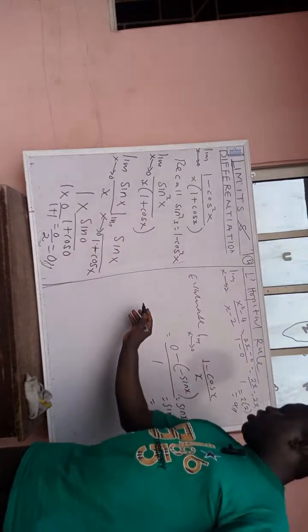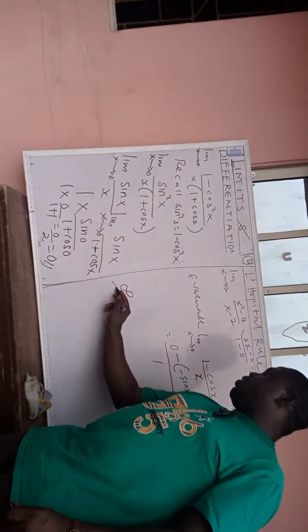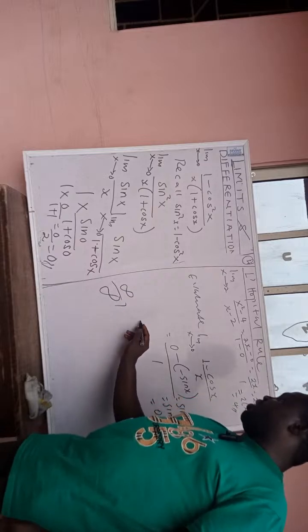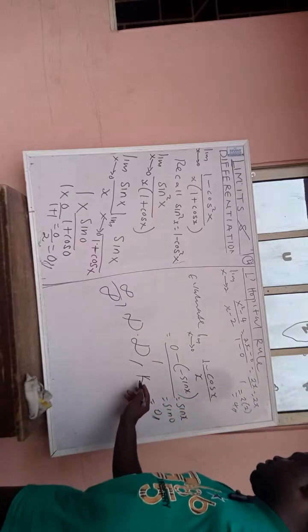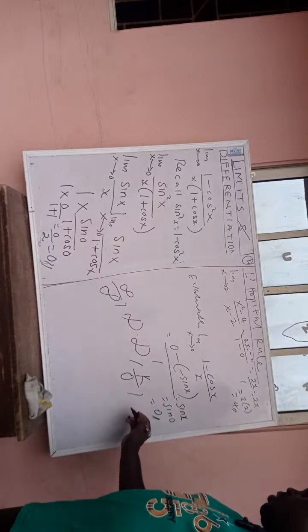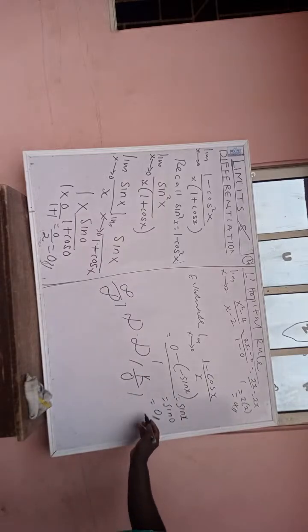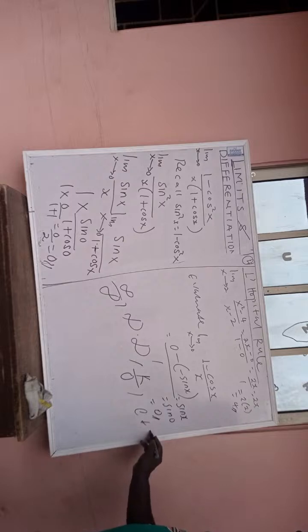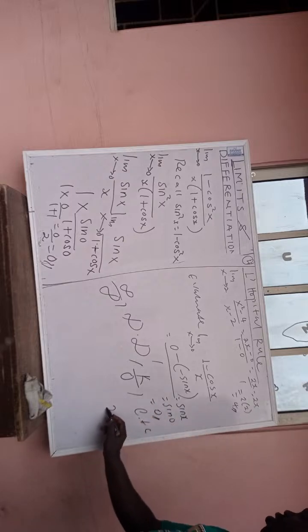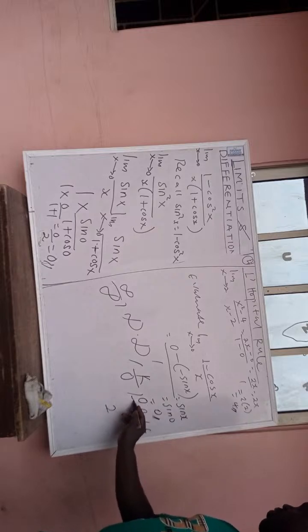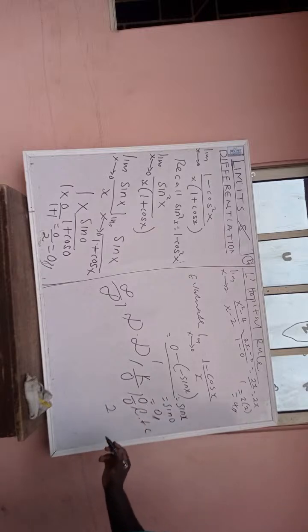Now, when evaluating limits, you must endeavor to avoid the following. Some of them are infinity divided by infinity, infinity times infinity, a constant divided by 0, and so on and so forth. In other words, if you say a number divided by 0, avoid that.